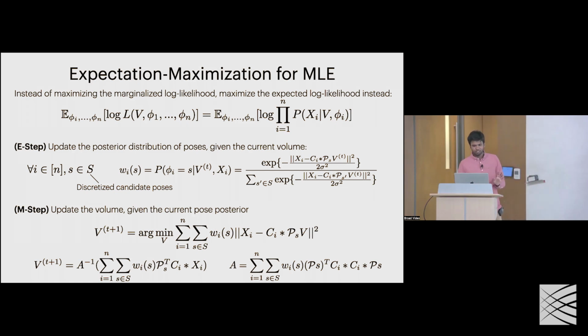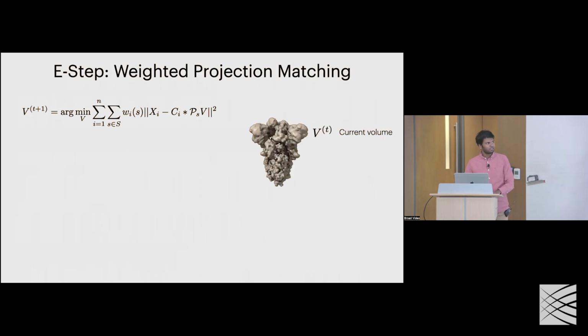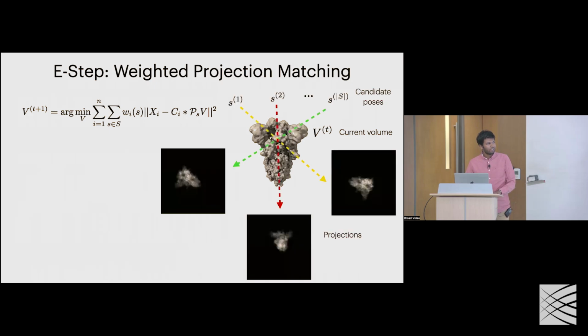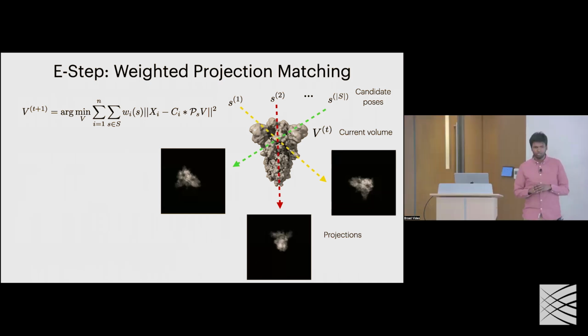Just to make this more intuitive, here's a graphic. The E step consists of estimating the best orientation parameters given the current volume. So here's, let's say, our current volume. We can use the forward simulation model to create a bunch of clean projection images for each of those candidate poses.